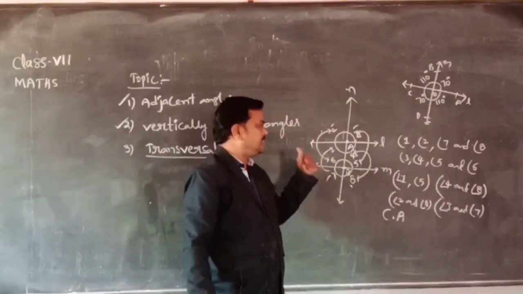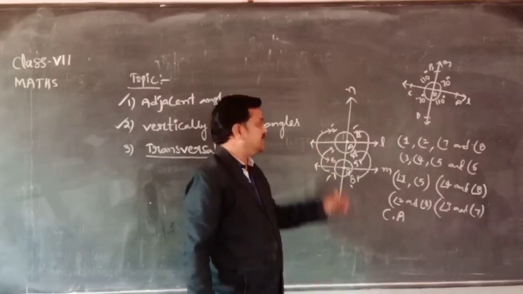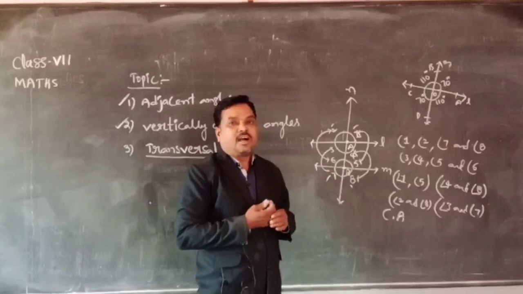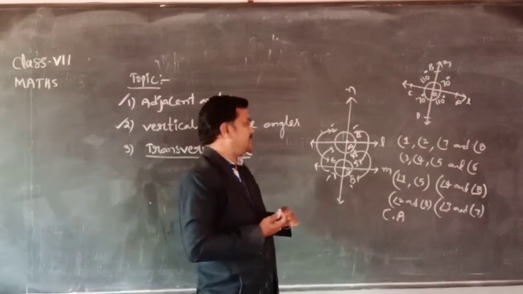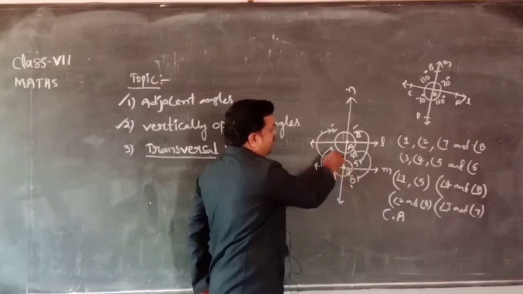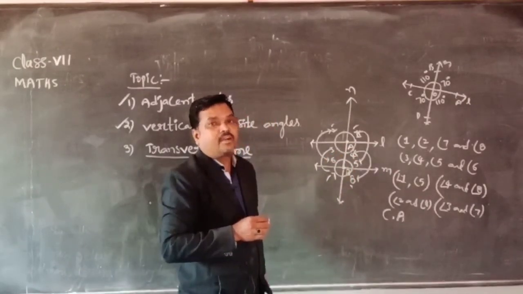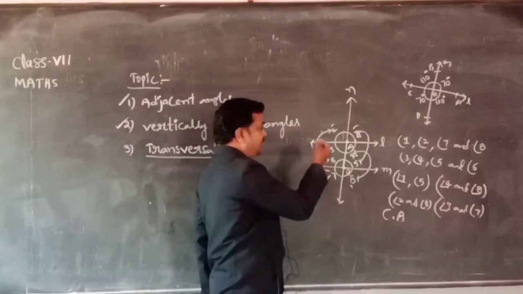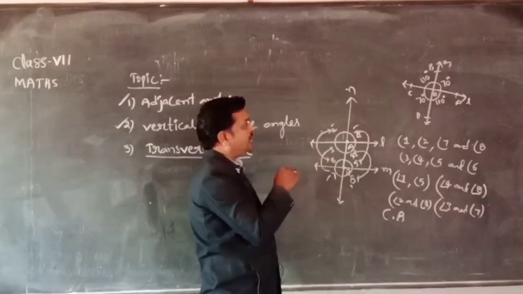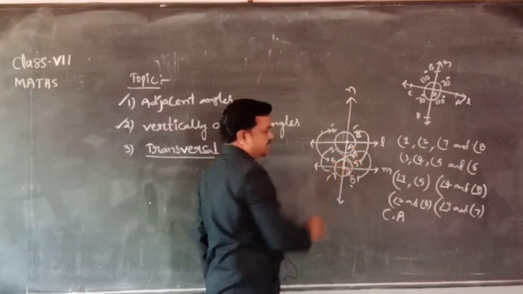I will explain in the next class the properties of corresponding angles and the properties of alternate interior angles. Alternate interior angles means the angles which are located on either side of the transversal line but not adjacent, that is 3 and 5, 4 and 6.